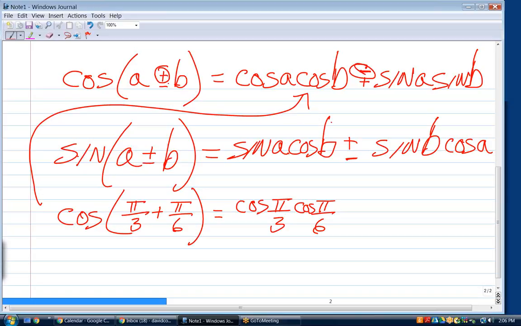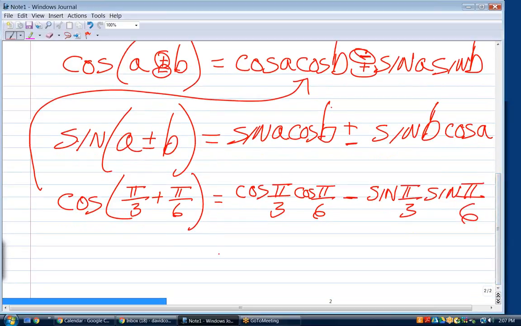If it's a minus here, then it's a plus here. So whatever this sign is, this is the opposite. So it has to be minus. Now what's the rest of it? And then sine A times sine B: sine of pi over 3, sine of pi over 6. Now let's go through what those are.